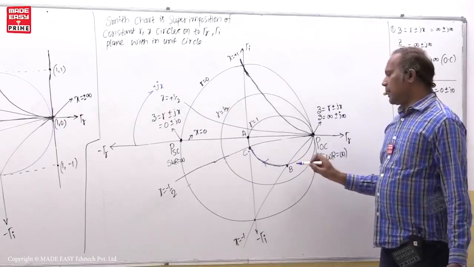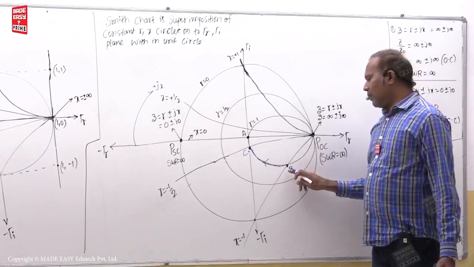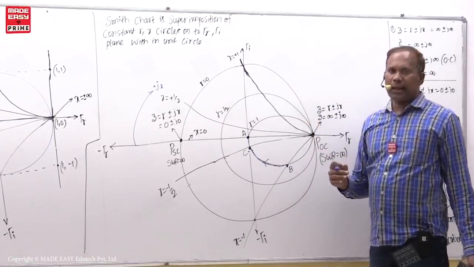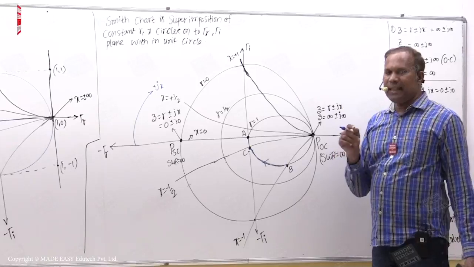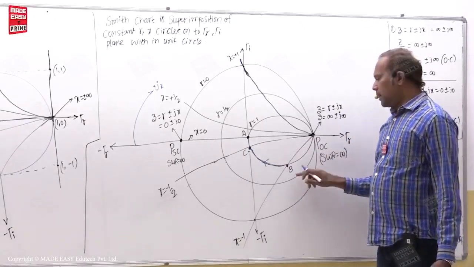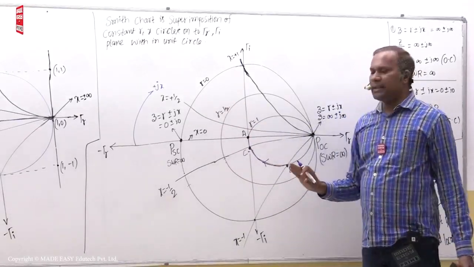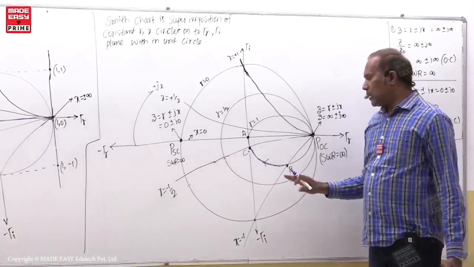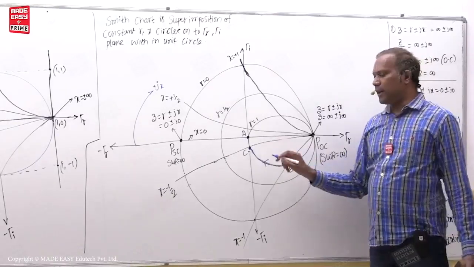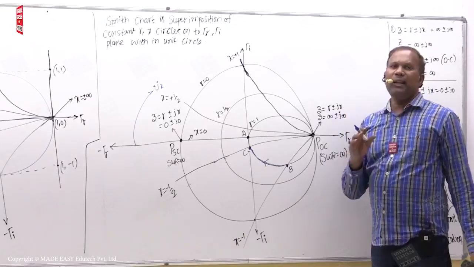Now they ask an objective question: they give B and C locations on the Smith chart. Going from B to C location indicates option A, B, C, D. Answer: adding inductance in series with the impedance.